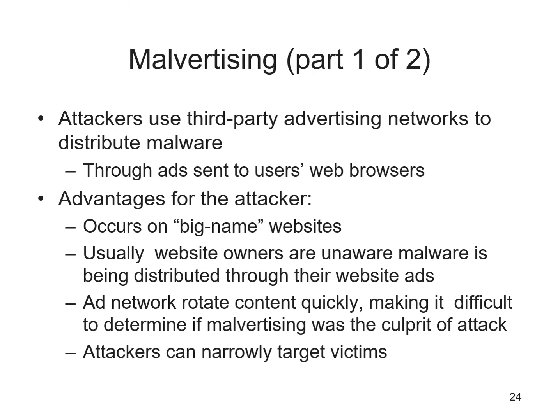Usually website owners are unaware of the malware that is being distributed to their website. Ad networks rotate content quickly, making it difficult to determine if malvertising was the culprit of the attack, because it would appear, leave an impression on thousands of computers, and then it would be changed. So you don't know actually which ad appeared and caused this problem on your machine.